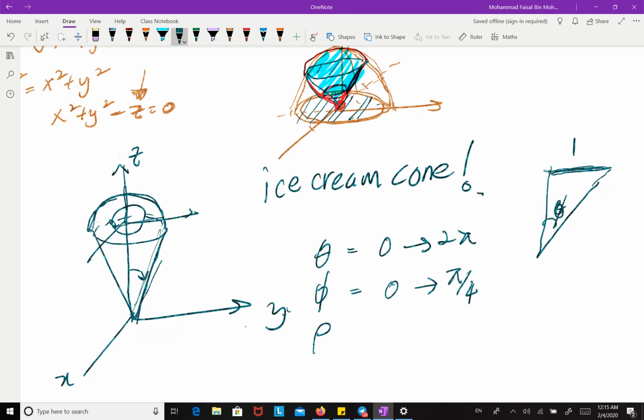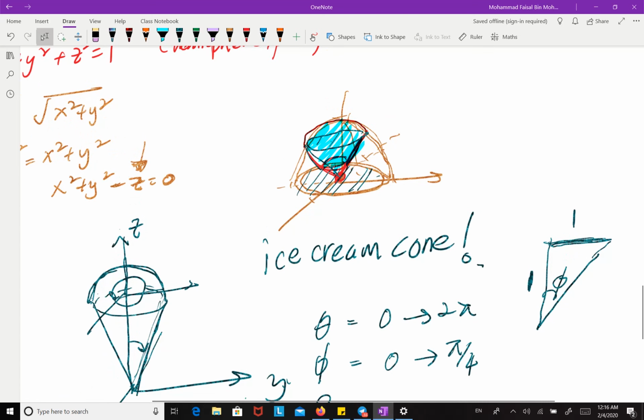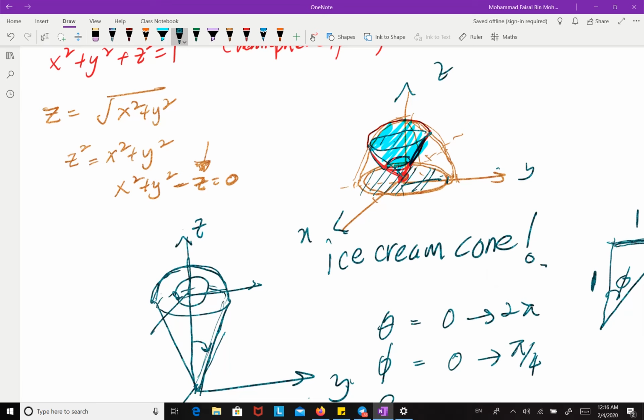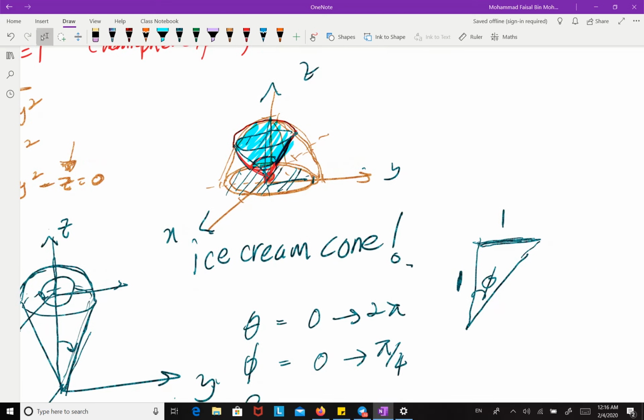Sorry, it's not theta, it's phi. The whole thing also equals 1 here, because here also equals 1. So this is parallel to this.